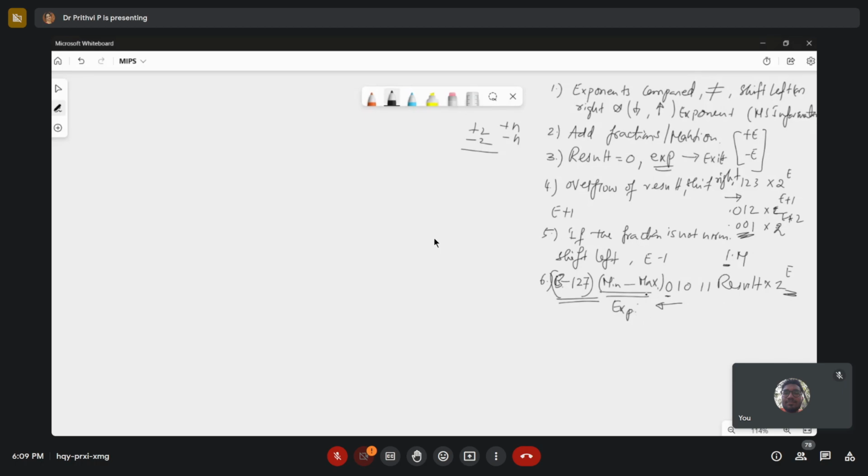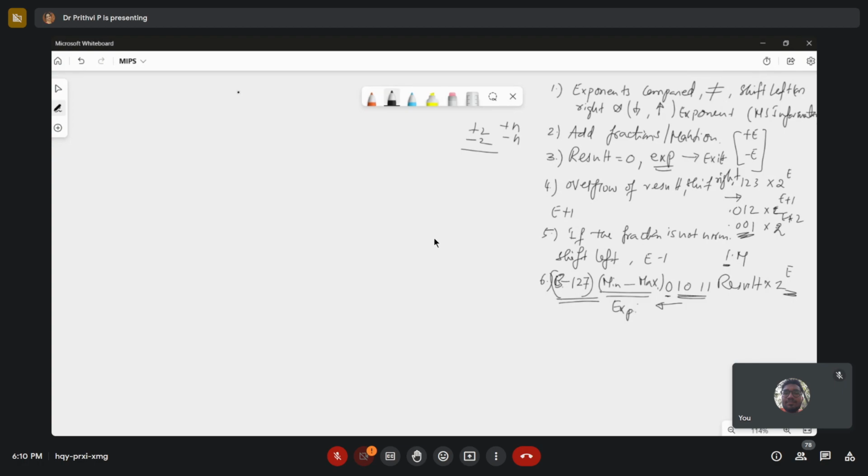If not, you have to adjust this exponent by doing the fraction adjustment. That means the fraction is shifted towards left or right. This also we saw yesterday. So something like a flow chart is what you have to take.